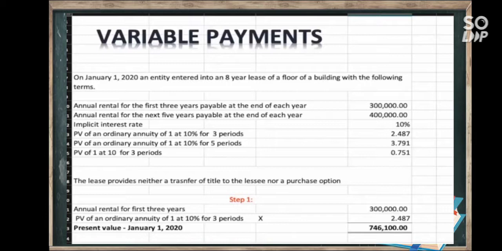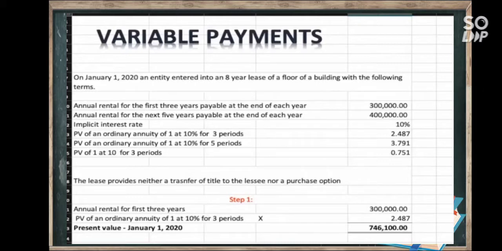What is that? We multiply the annual rental by the present value of ordinary annuity. So, 300,000 multiplied by the present value of an ordinary annuity of 1 at 10% for 3 periods, which is 2.487. The present value for January 1, 2020 is 746,100.